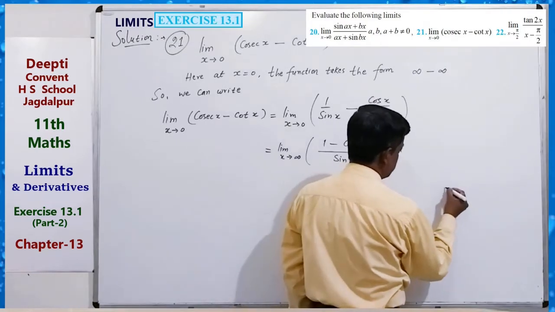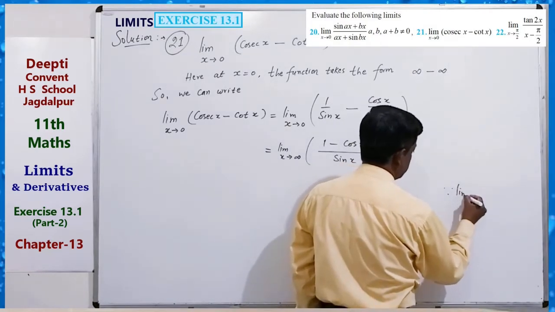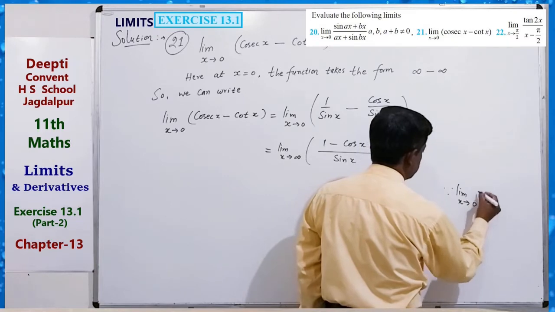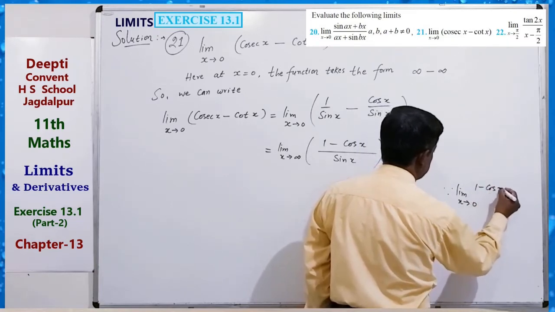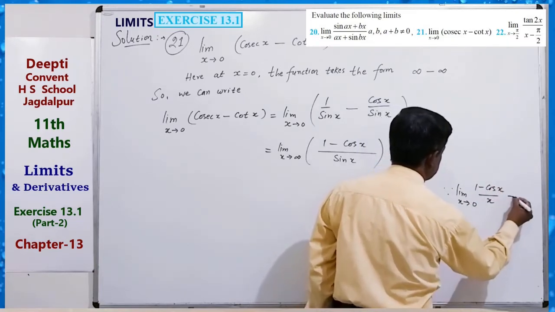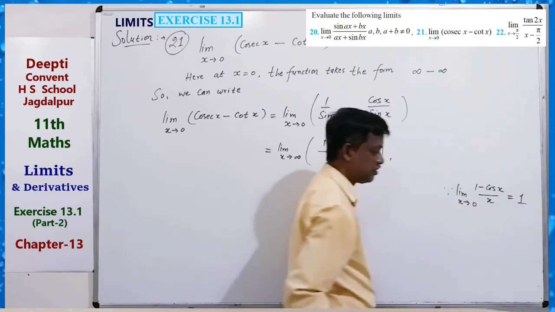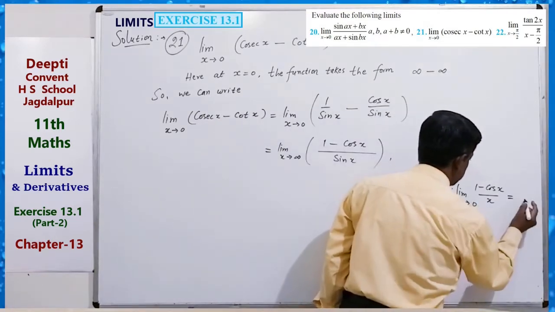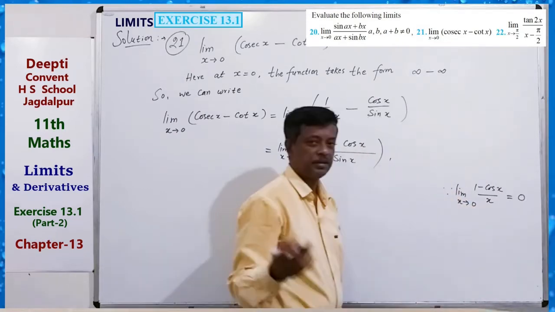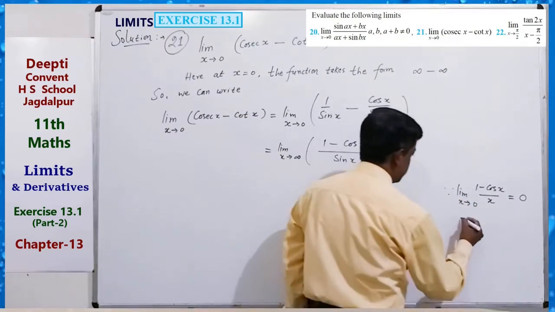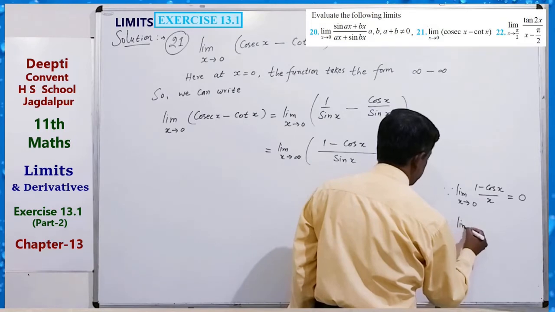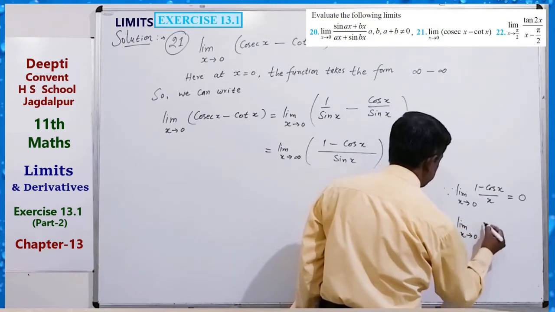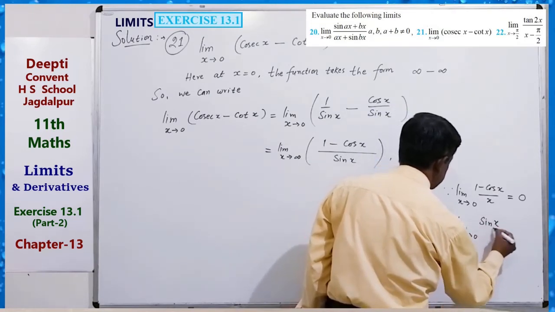We also know the formula limit x tending to 0 of (1 minus cos x) upon x is equal to 0. And also the sin x formula: limit x tending to 0 of sin x by x.